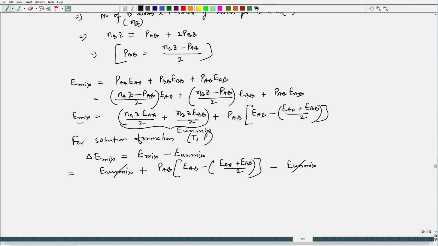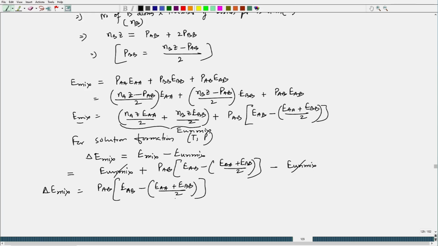So, these two will cancel. So, del E mix equal to PAB into EAB minus (EAA plus EBB) by 2.